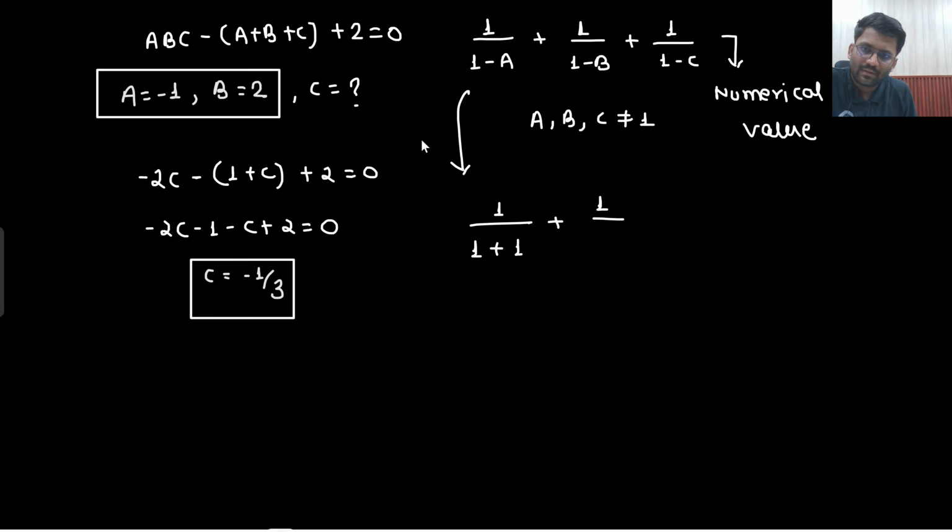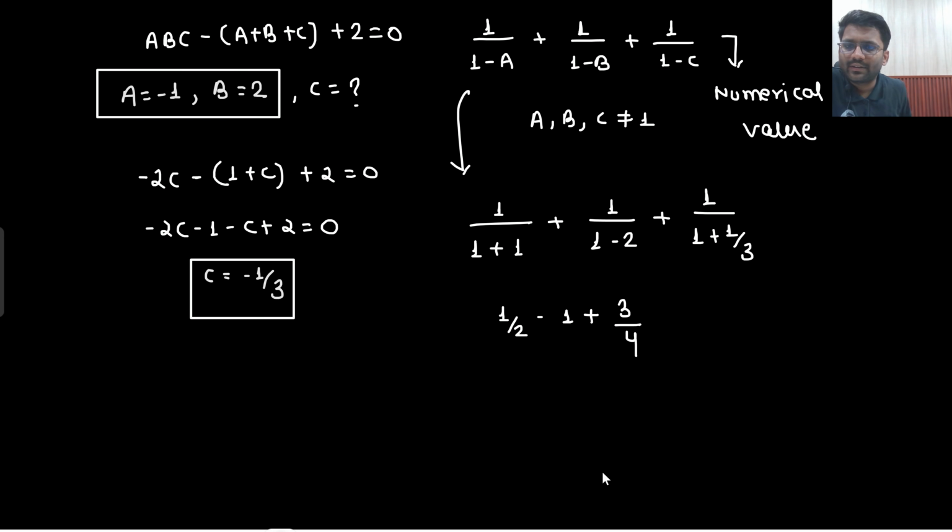Plus value of B I have taken as 2. Plus value of C I have taken as, value of C is coming out to be this. So this is coming out to be 1 by 2 minus 1 plus 3 by 4.